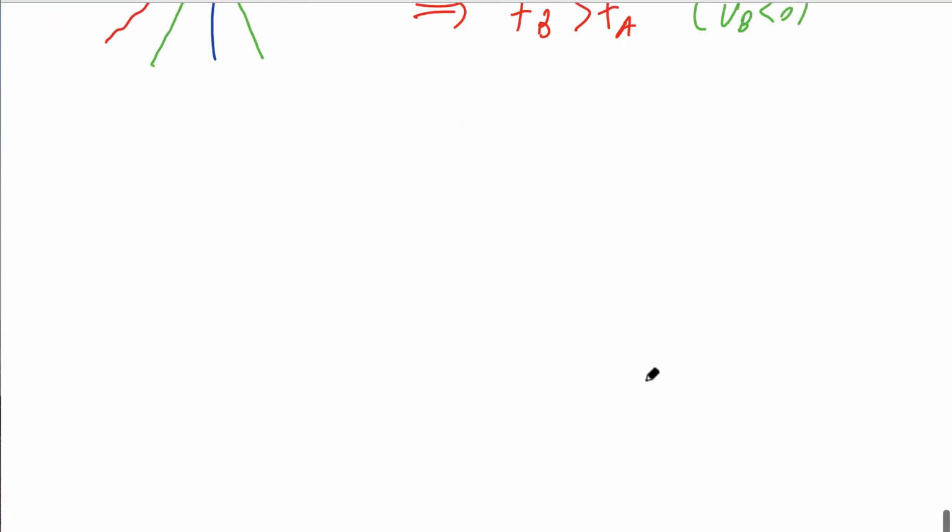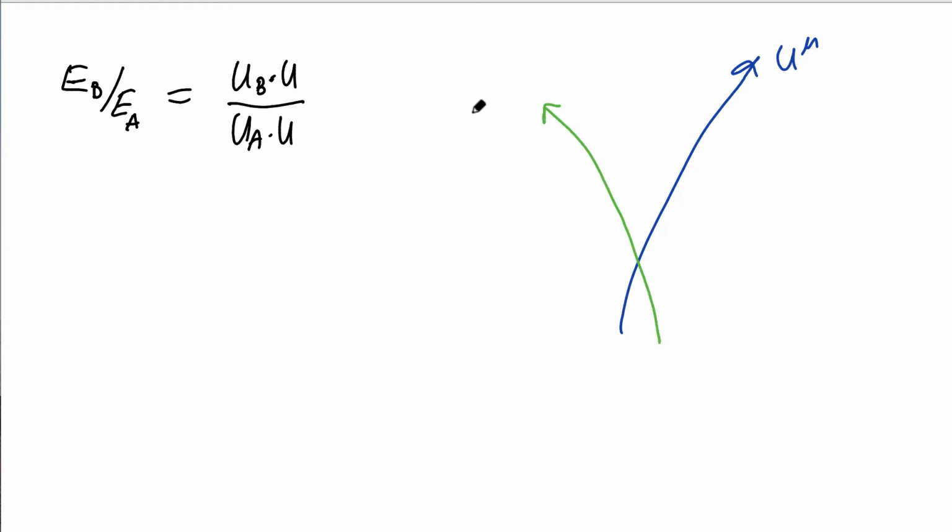Let's return now to the general case of curved spacetimes, and I want to summarize some of the things we found. So this is the world line of a material particle with 4-velocity u, and what we know is that the energy of that particle measured by some observer B is related to the energy measured by an observer A by the ratio of UB dot U to UA dot U. So, for example, here's the observer A with 4-velocity UA.